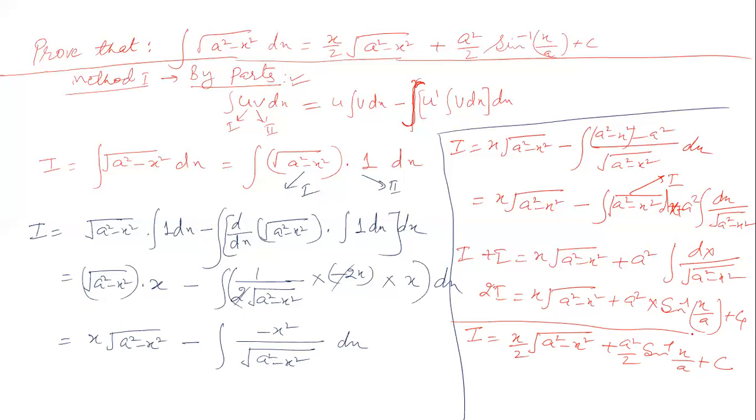Hence we have got that integration of square root of a square minus x square is equal to x by 2 square root of a square minus x square plus a square by 2 sine inverse x by a plus c. This we have done using by parts method.